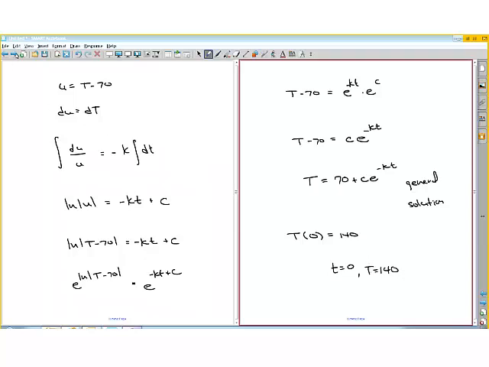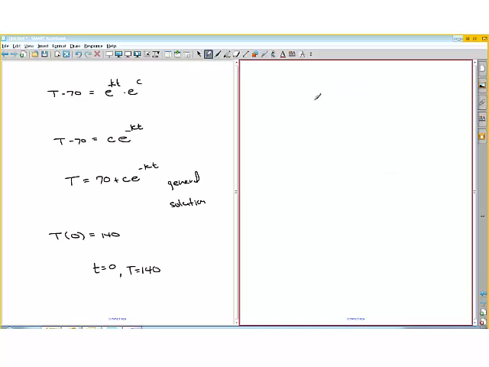So we're going to use this by plugging it in here. So T is 140 when t is equal to 0.